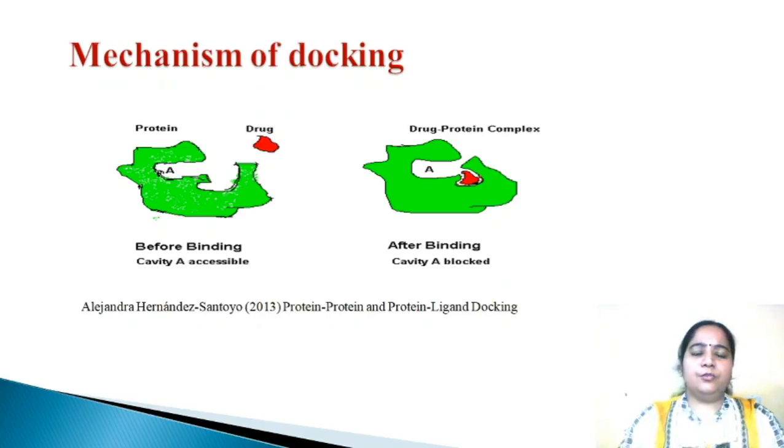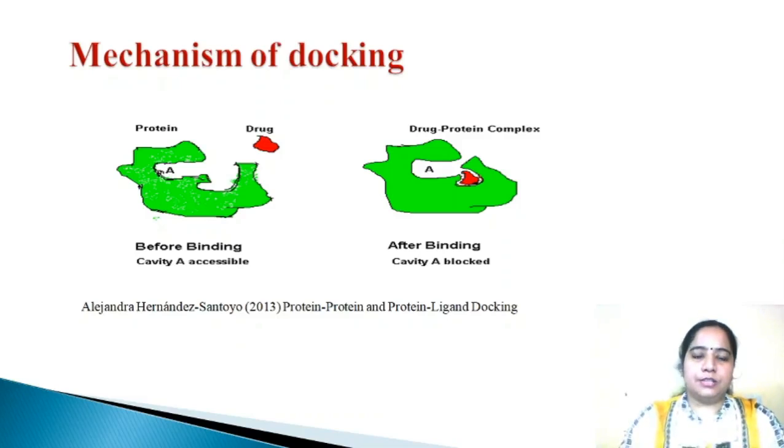The binding of the protein with the drug molecule or ligand can be assumed to be similar to that of an enzyme and substrate reaction. The binding takes place as in the lock and key model. The protein which has the active site binds with the drug molecule, which is a chemical molecule.